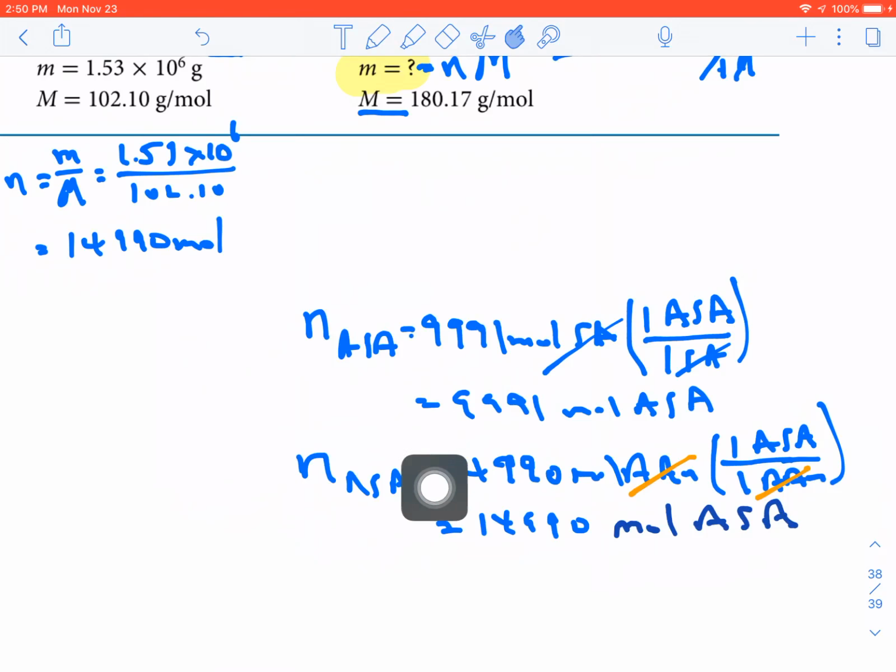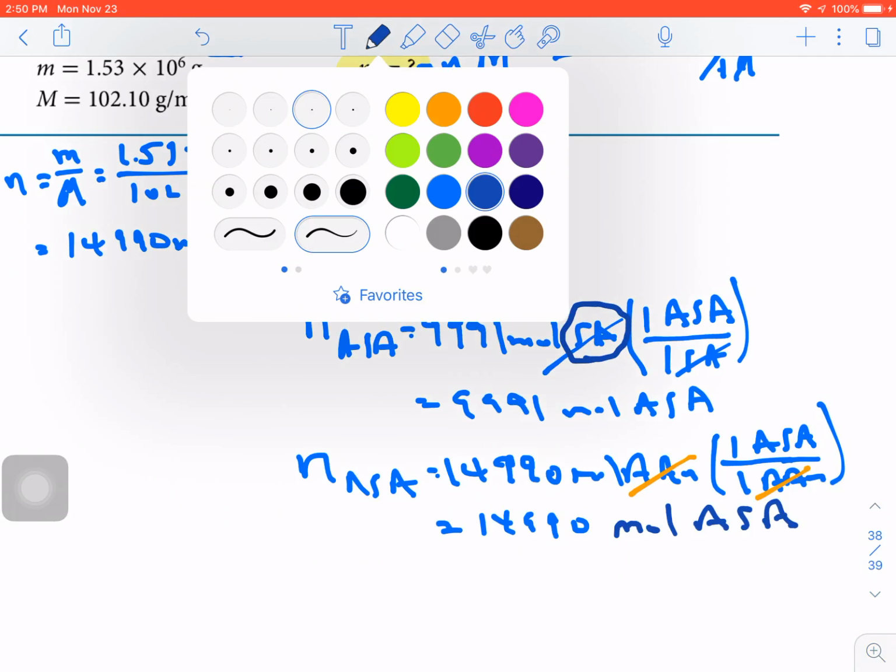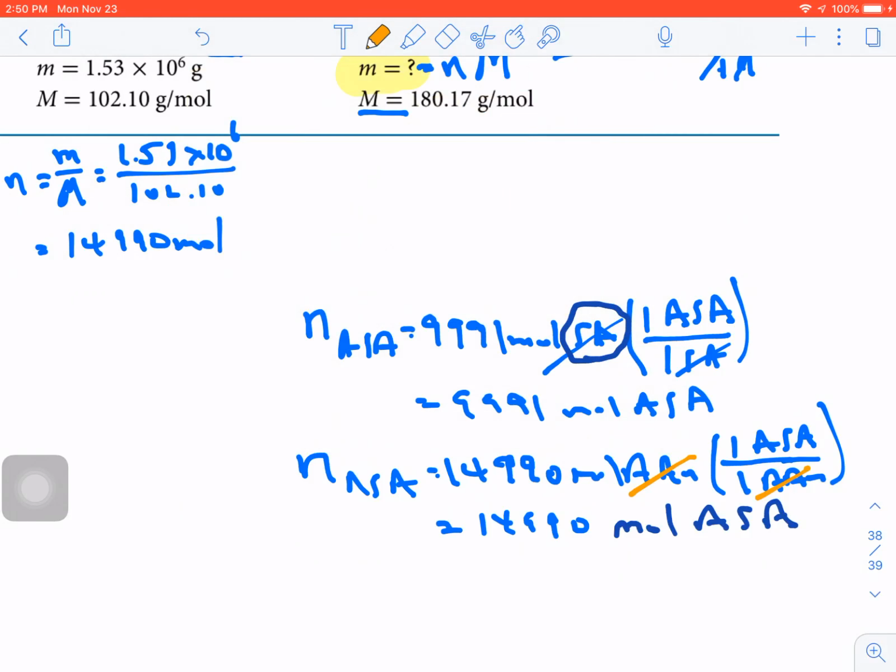Right? This is based upon the number of moles of salicylic acid. Right? So I'm just going to scratch this whole one out because I don't need it. I need to look at the one that's going to run out. So remember, I have two chemicals here.